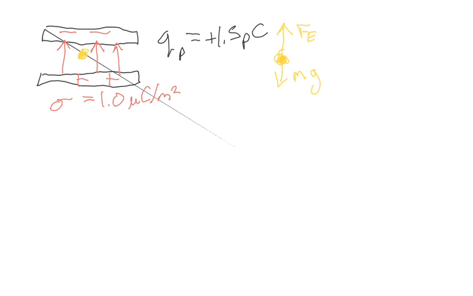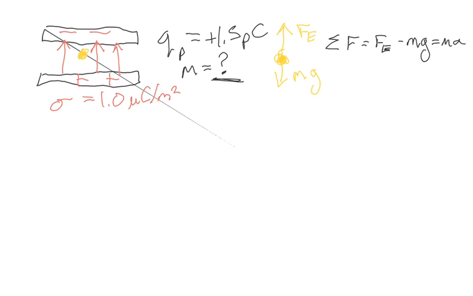And they ask the big question of, great, you know the charge of the pollen grain, what's the mass of the pollen grain? And so that's what we're being tasked with. Well, we can take what we know from Newton's second law and set up, if up is the positive direction, the following relationship. Minus mg is equal to ma, where m is the mass of the pollen.